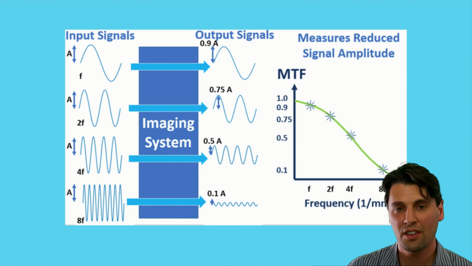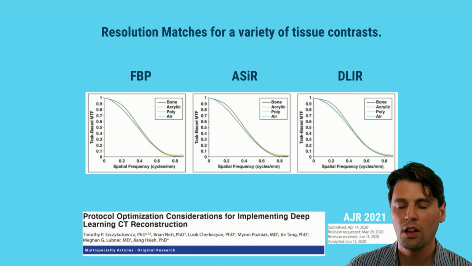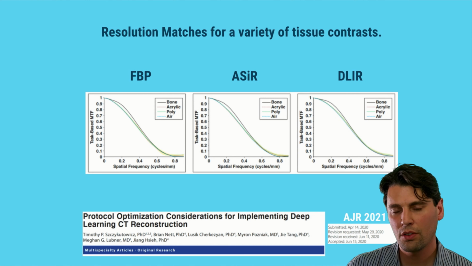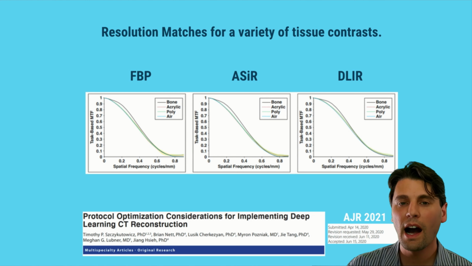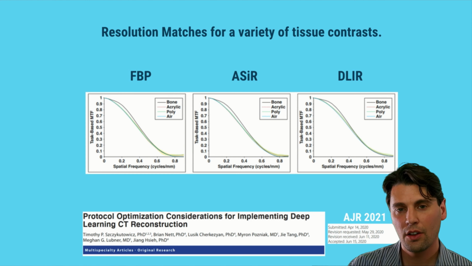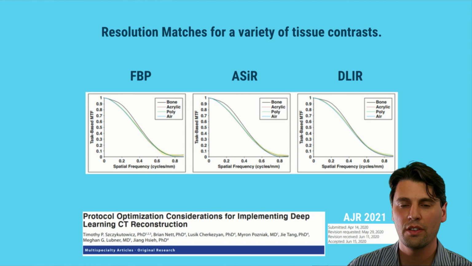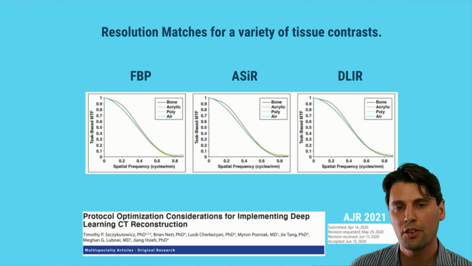And one thing that's important to consider for these algorithms is to look at different object types. So namely, we're going to be looking at different contrasts. In this scenario, this is done by Stikotovich et al. And the idea is that using a standard ACR phantom, we can look at poly, air, acrylic, bone, use those inserts in order to take the edge profiles from which we can get the modulation transfer function.